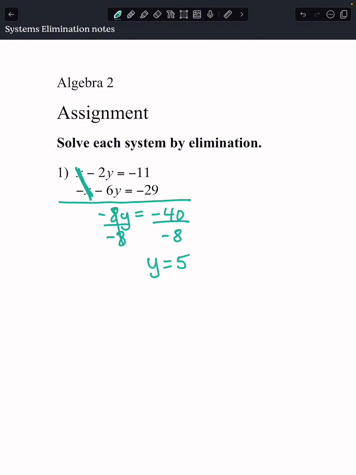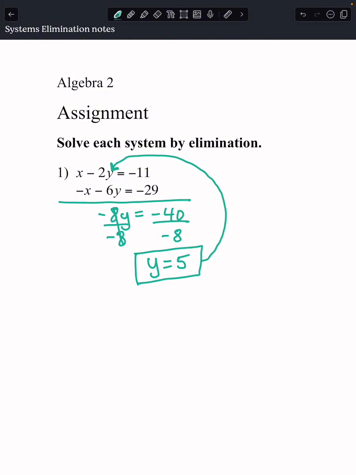Now that I have y equals positive 5, what you want to do is to go back and plug it into one of the original equations. Don't plug it into anything that you worked out on your own. Plug it into an original equation. And so I'm going to plug this 5 where this y is right there.